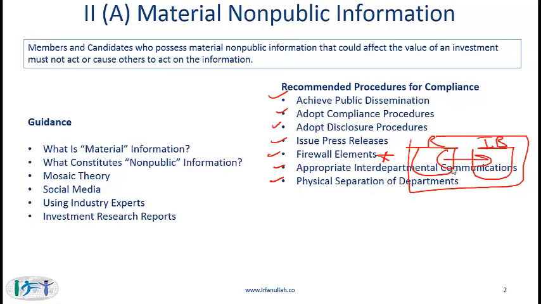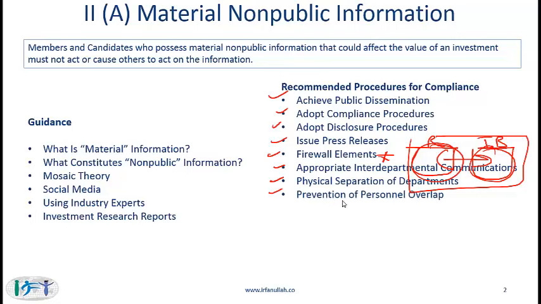If material non-public information is relevant in the sense that it can flow between departments, then ideally the departments should be physically separate to prevent the sharing of files and so on.